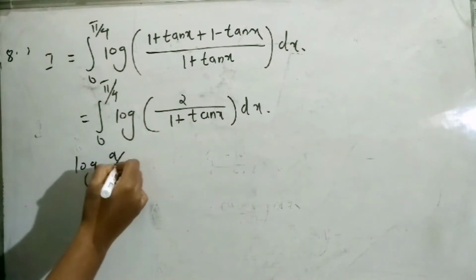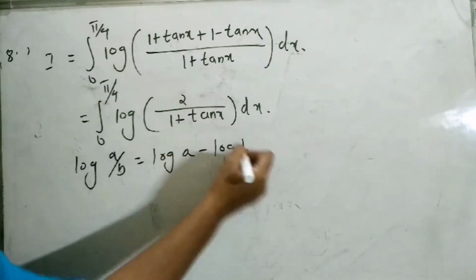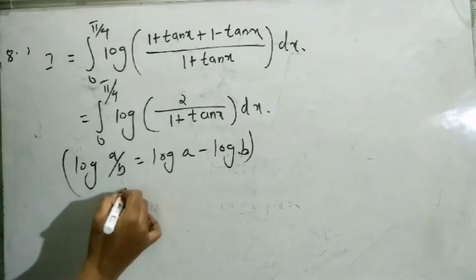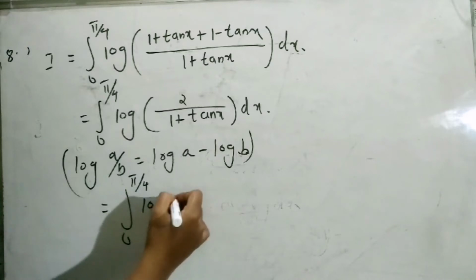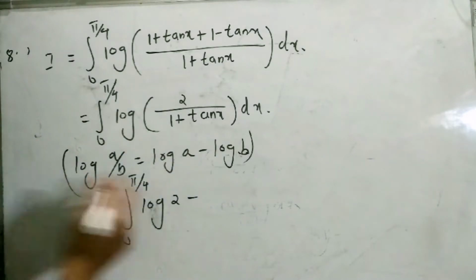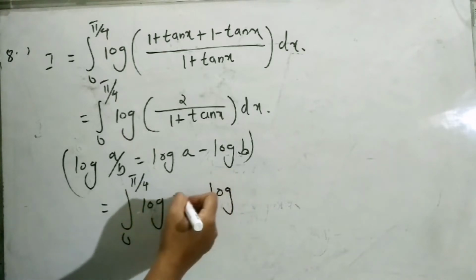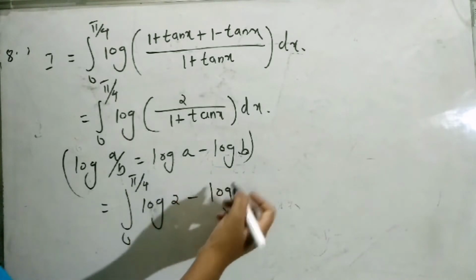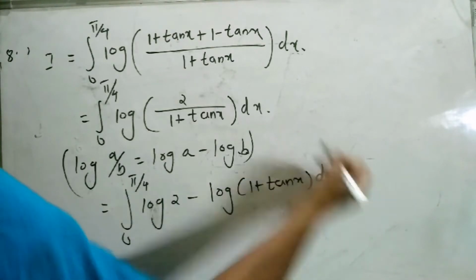Log a by b is equal to log a minus log b. Then this integral becomes integral 0 to pi by 4 log 2 minus integral, we will minus log 1 plus tan x dx.